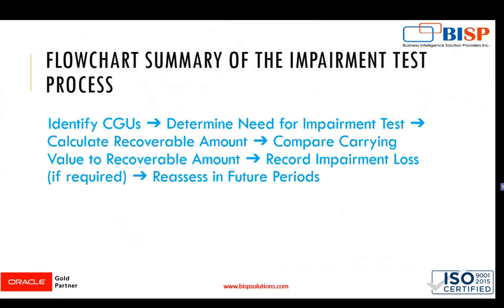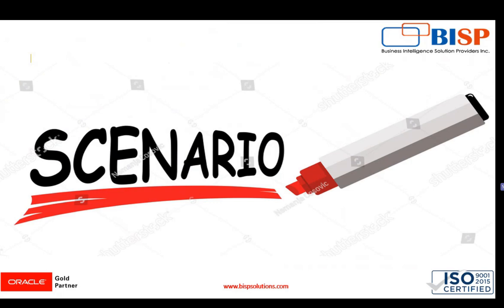Then we reassess the asset in future periods. So this is the flowchart summary of the impairment test process.